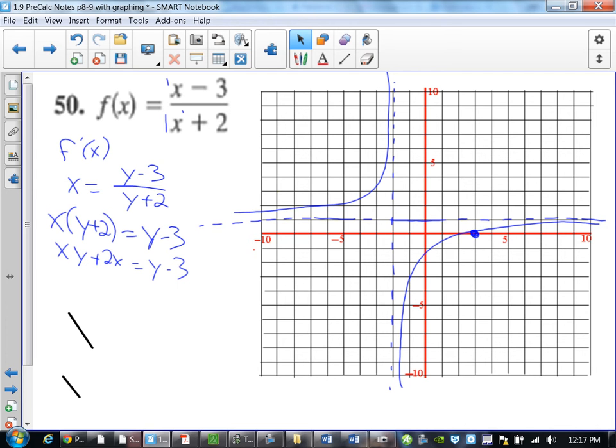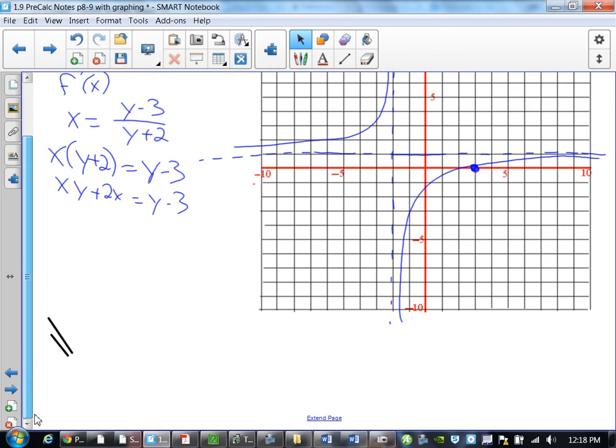Now, I'm going to move the y over so you have both y's on the same side, and then take that 2x to the other side. In doing that, we wind up with xy minus y equals negative 2x minus 3. Are we okay with that?